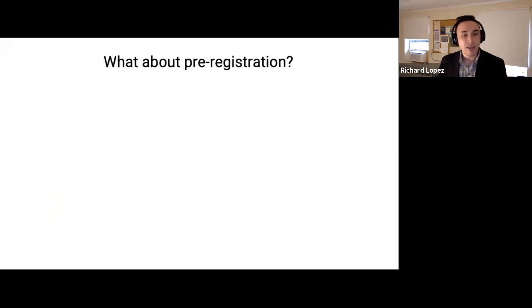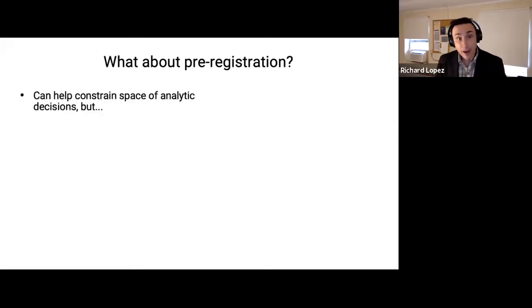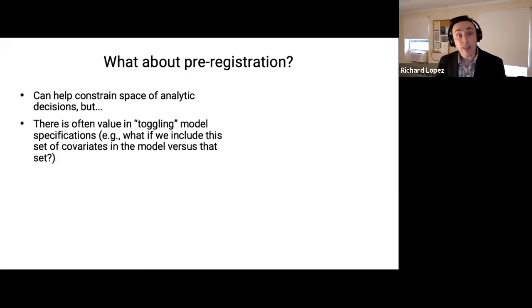So this is an issue. But what about pre-registration, right? Pre-registration has become in vogue, which is great, and it could help constrain the space in which we make our analytic decisions. But there's often value in trying out different model specifications. What if we include this set of covariates in the model versus that set of covariates, right?